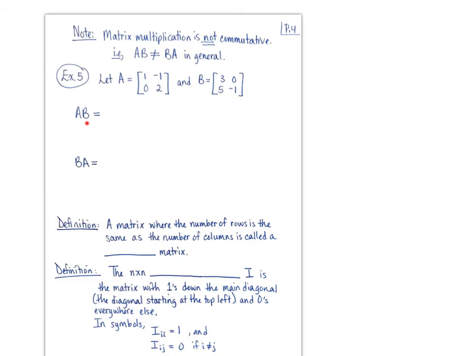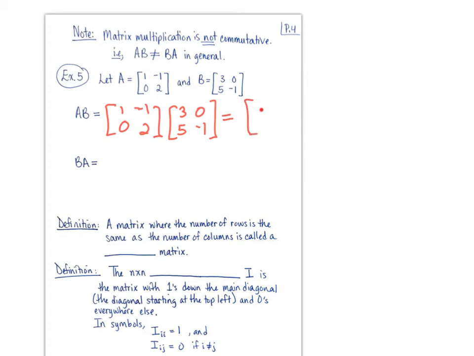Let's find the product A times B. Well, let's write them beside each other. We have 1, negative 1, 0, 2, and then we have 3, 0, 5, negative 1. They're both size 2 by 2. The number of columns here matches the number of rows here, so we can multiply the matrices. So we're going to get a 2 by 2 matrix.